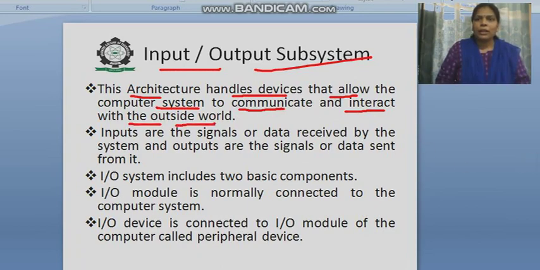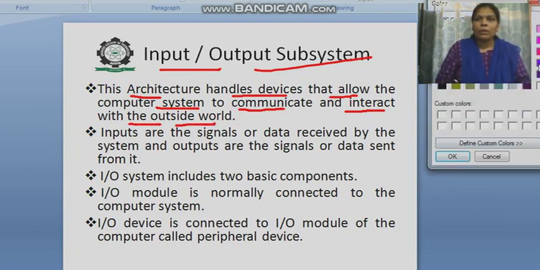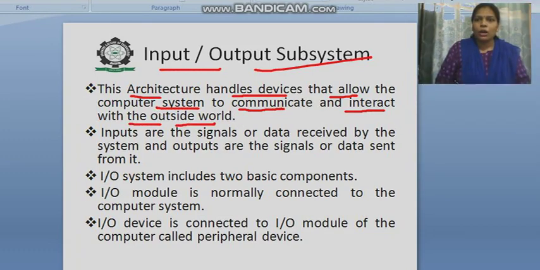For getting data from the outside world, for communication and interaction with the outside world, we need a proper subsystem, which is known as the input output subsystem.